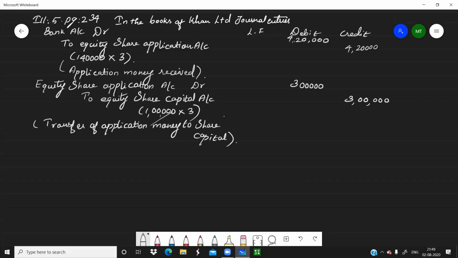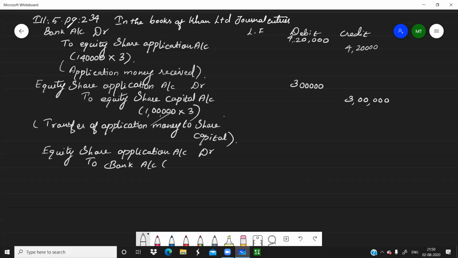Next journal. The excess application money: applications for 5,000 shares have been given, and we have said they are rejected, so equity share application account debit, to bank account.